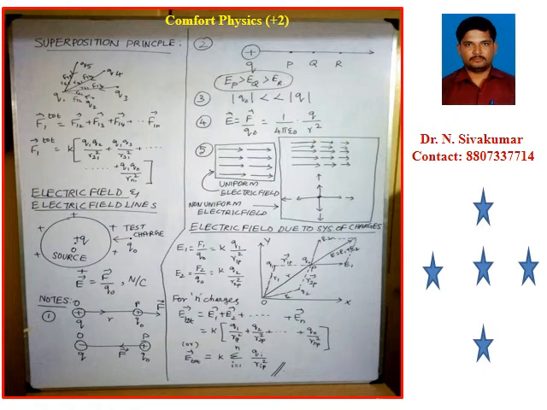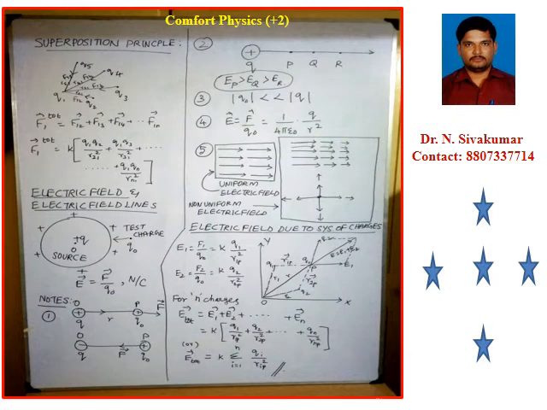The next one is electric field due to system of charges. Here we have test charge Q0 and charge Q1, another one charge Q2 at a distance R, R1, R2 respectively from the origin.